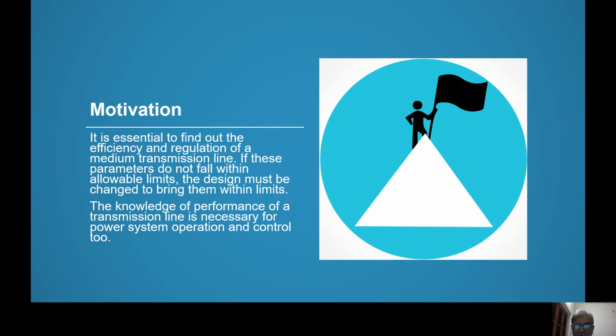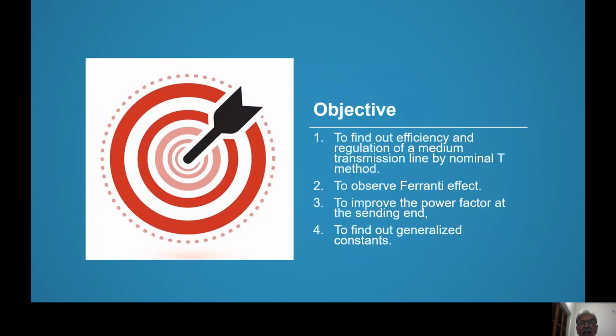And if these parameters are not within limits as per the requirement of the system, you have to change the analysis and finally erect the line according to your final correct analysis. Therefore this analysis of line is very important. That is the very motivation of the experiment.